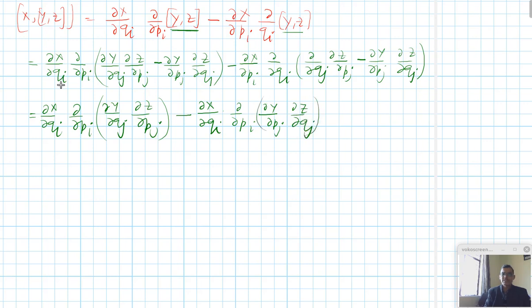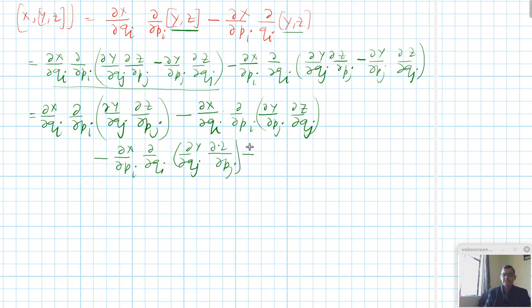I have just expanded this, and then minus ∂X/∂pi, ∂/∂qi, and then it is ∂Y/∂qj, ∂Z/∂pj, right?